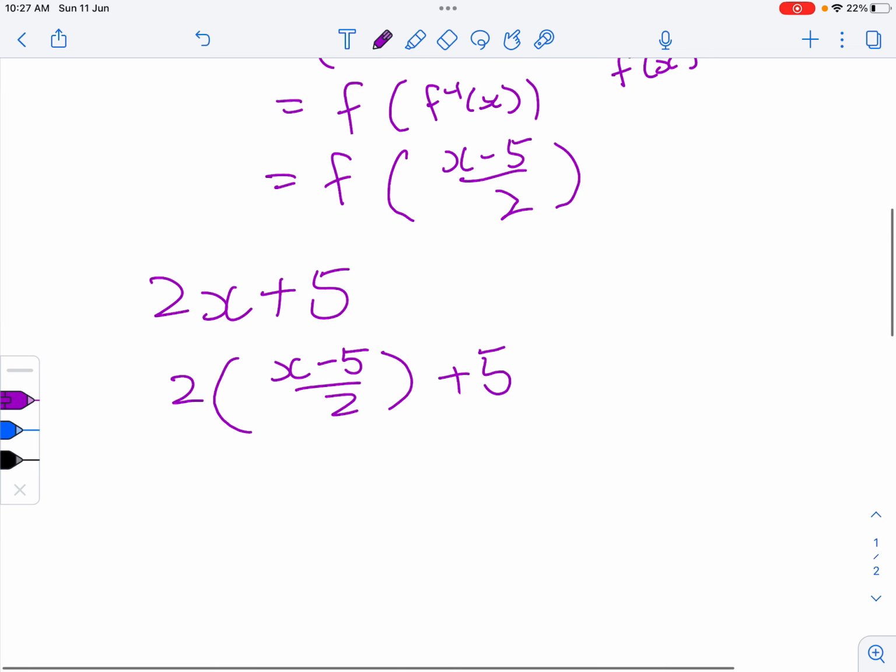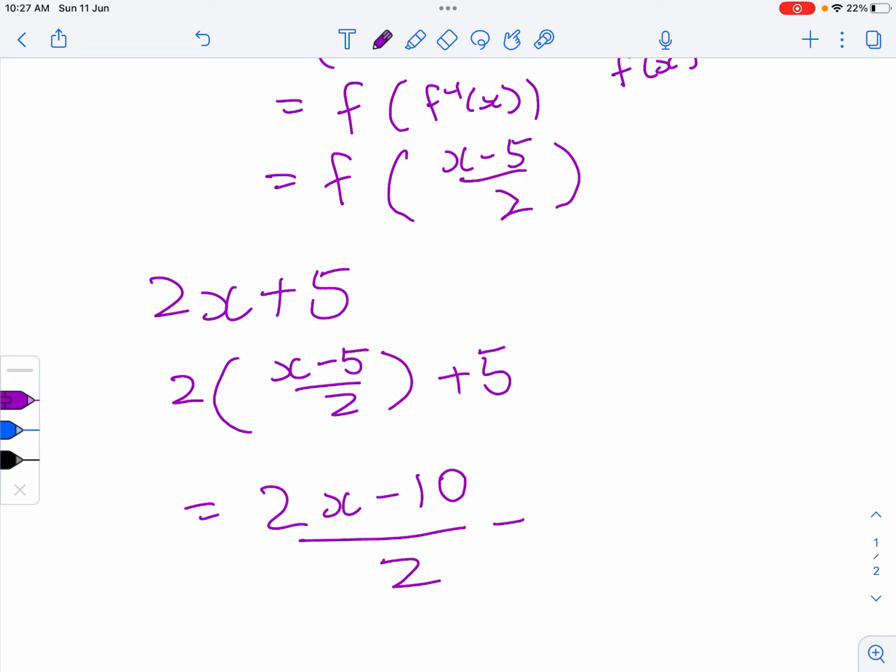And so I get 2 times x minus 5 divided by 2, plus 5.